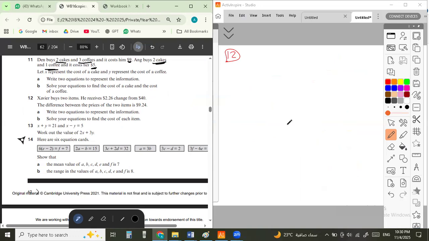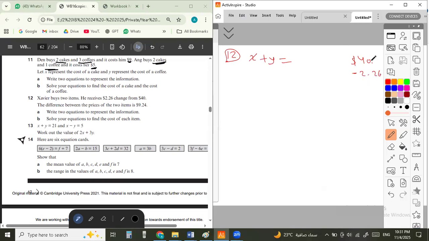He bought 2 items. Let's say the 2 items are X and Y. So X and Y together cost how much? He paid $40. But he received change of what? He received change of 2.26.